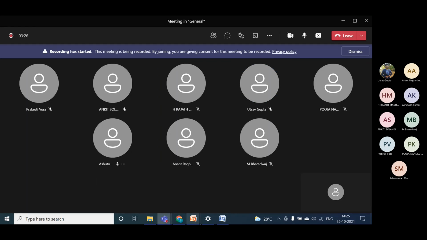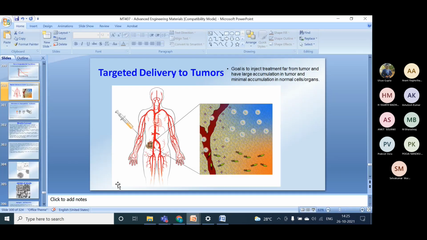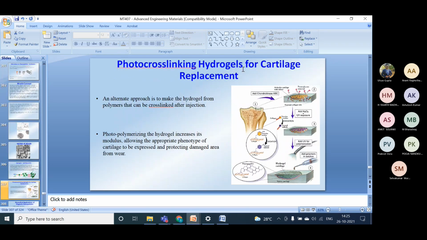So hydrogels, you have seen them already. I am just giving you a glimpse of the applications. They can be used for cartilage tissue regeneration, as well as other tissues like muscle and skeletal tissue, and even hard bone tissue regeneration.